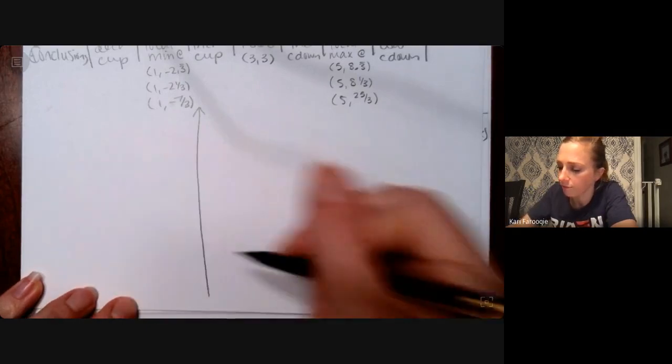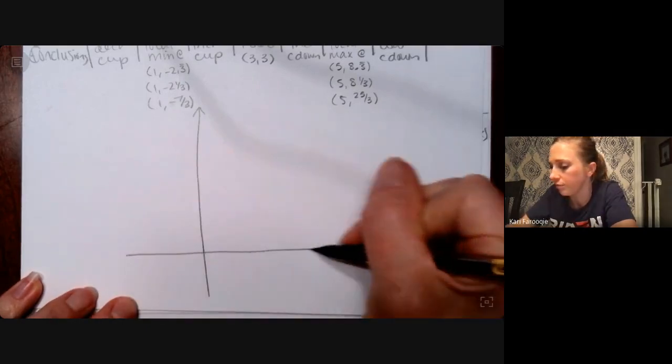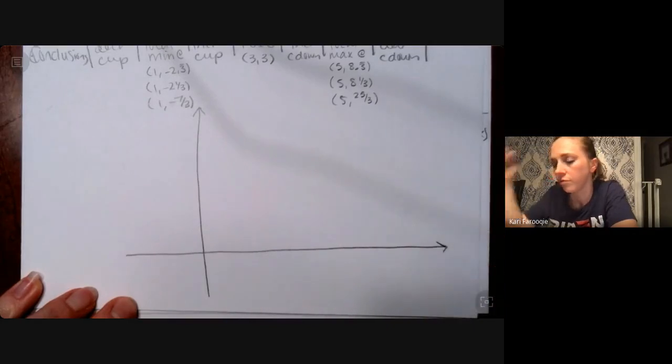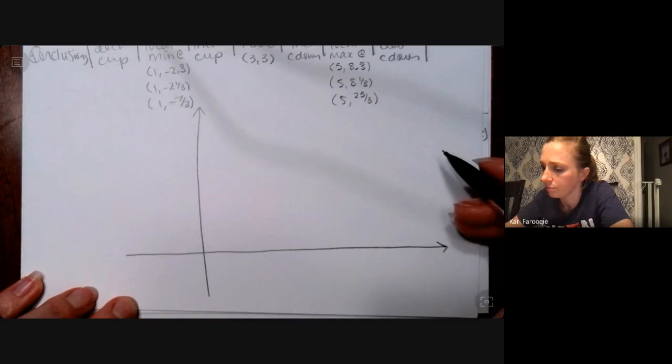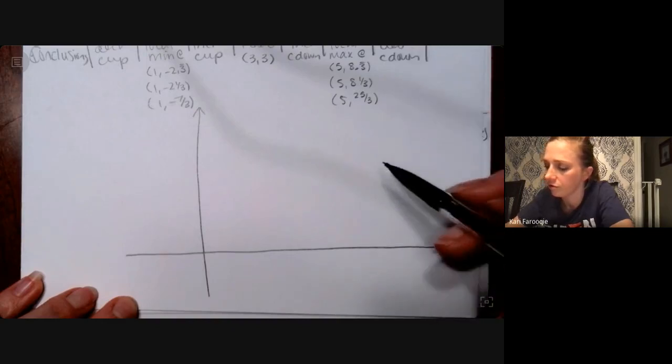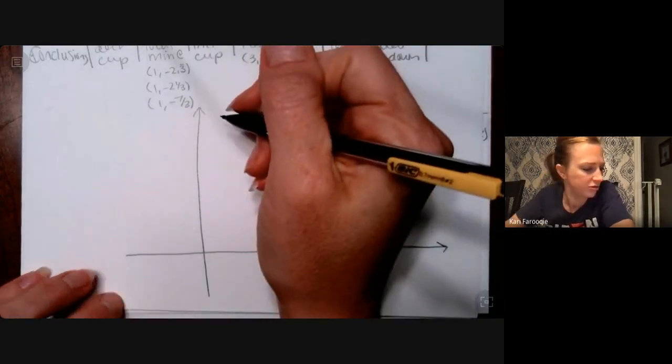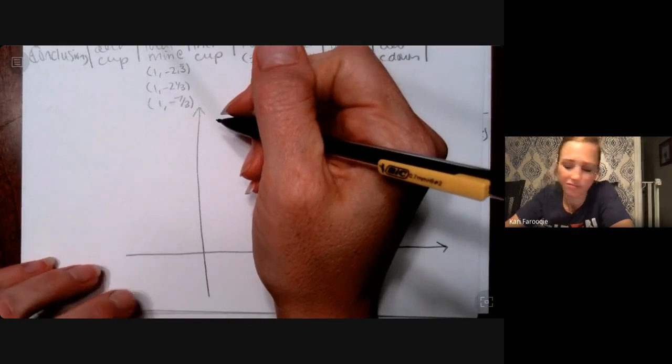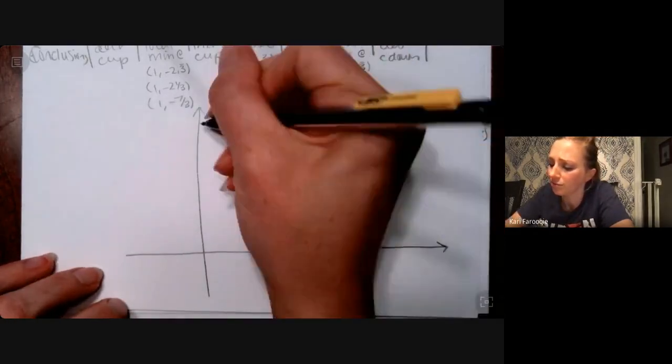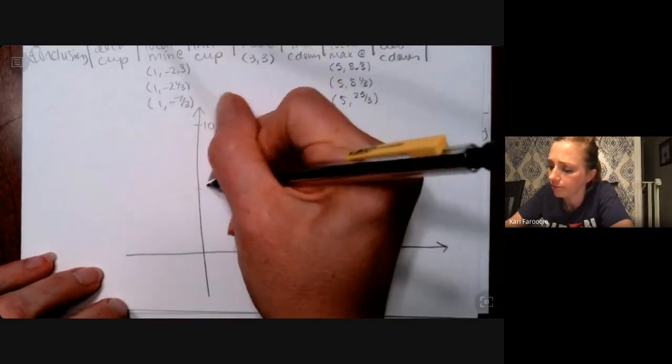So maybe we'll do something like this. We'll go out to about 6 or 7, and then maybe we'll go up to 10. Call that 10, sure.